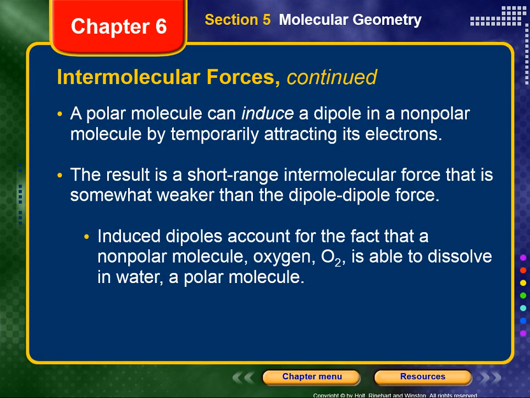A polar molecule can induce a dipole in a nonpolar molecule by temporarily attracting its electrons. The result is a short-range intermolecular force that is somewhat weaker than the dipole-dipole force. The force of an induced dipole accounts for the solubility of nonpolar oxygen, O2, in water.